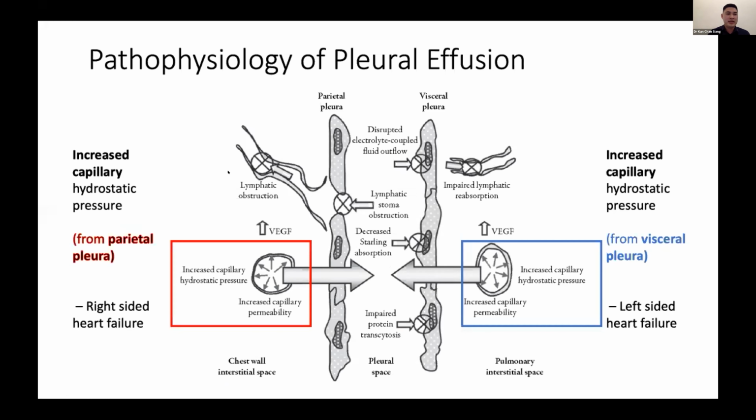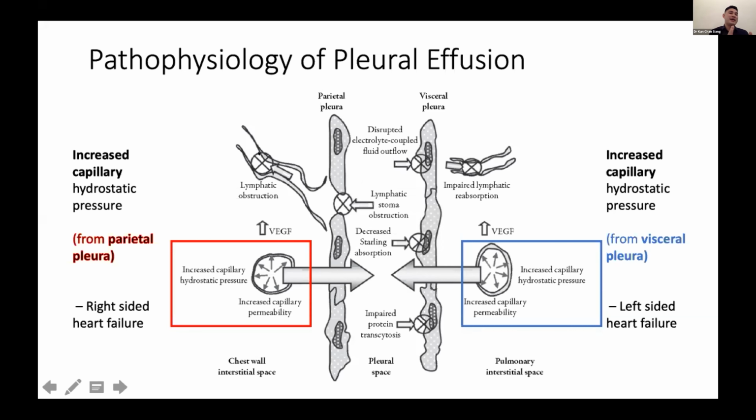Because theoretically, if you have an increased pressure in the RA or the central venous pressure, say for example, up to 20 millimeters of mercury, even though there is an increase in the hydrostatic pressure from the parietal pleura because of the backflow into the intercostal vessels and capillaries, usually the increase in the production of fluid by the parietal pleura is compensated by the lymphatic drainage.